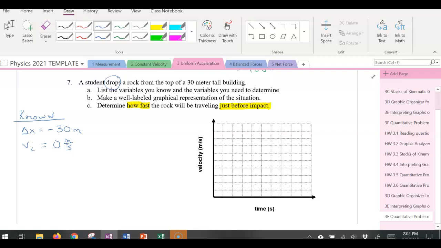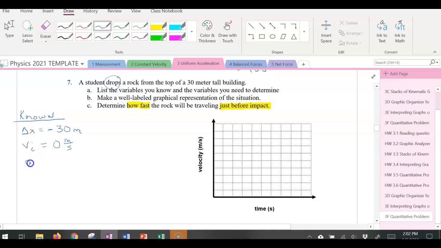And this is a situation where there is free fall. The rock is in free fall, meaning that the only force acting on the rock is the gravitational force. The rock is so small that we can ignore any drag.